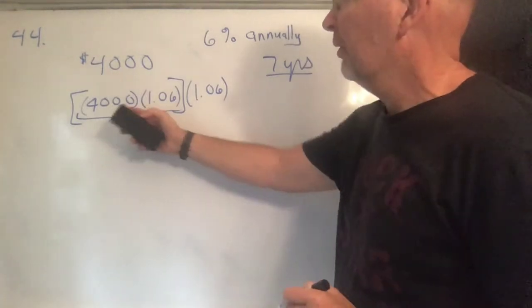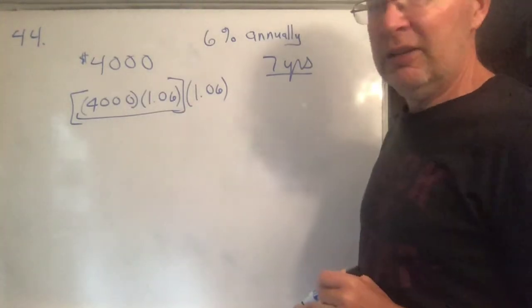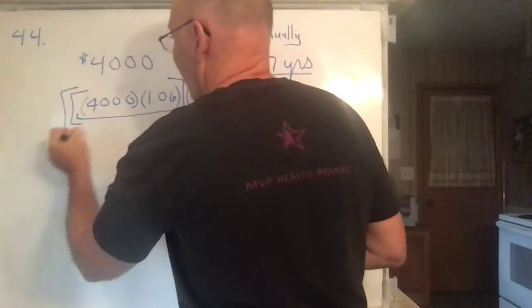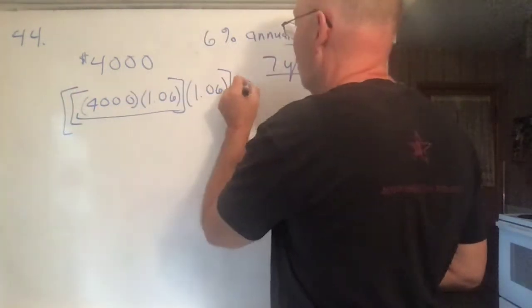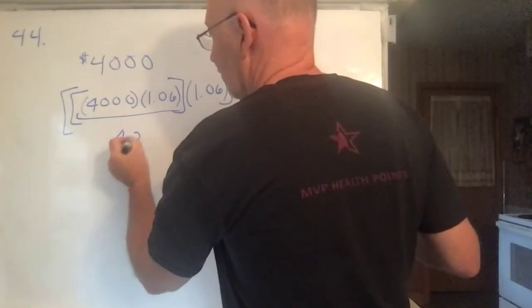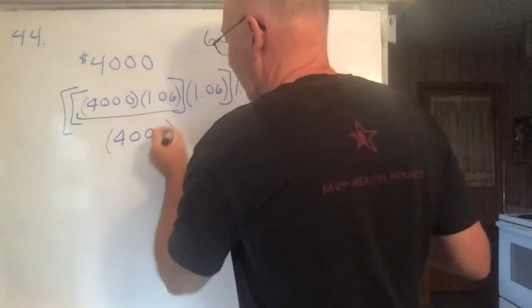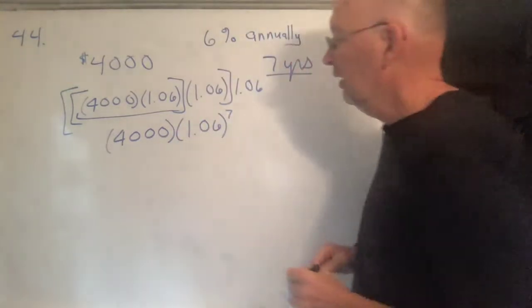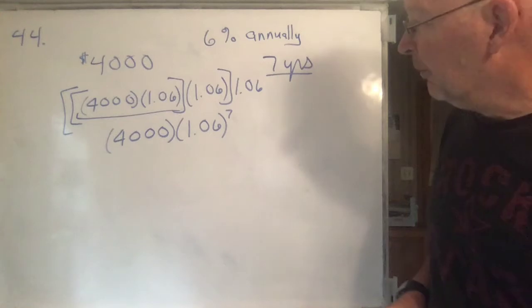And that will be how much money you have in the bank at the end of the second year. At the end of the third year, you're going to multiply that by 1.06. And so you see that by the time you've done 7 years, you've got this original $4,000 and you've multiplied it by 1.06 7 times, to the 7th power.